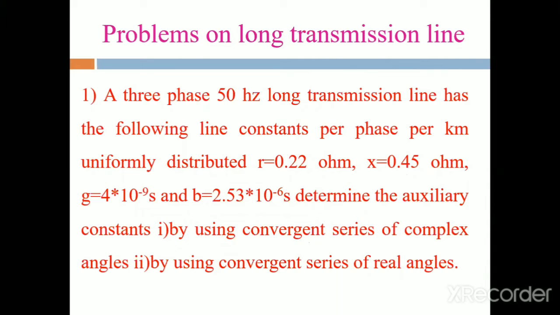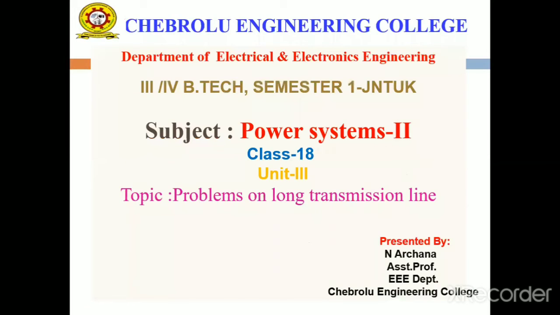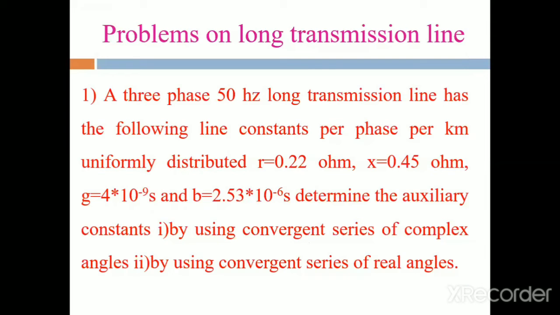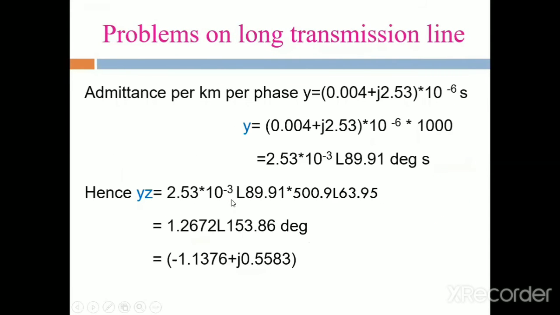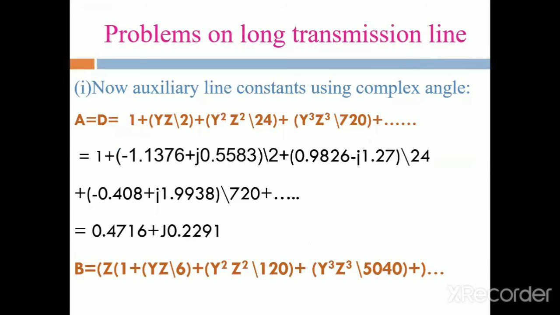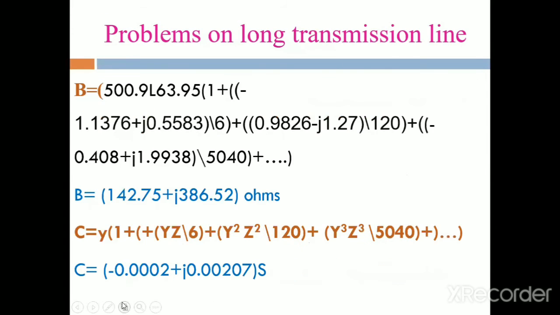And second, by using the convergence series, we determine the real angle methods, that is the A, B, C, D values in the case of the real angle method. This is the given data and solution for the A, B, C, D formulas. This is the complex angle method A and D formulas, and this is the B formula, and this is the C formula.